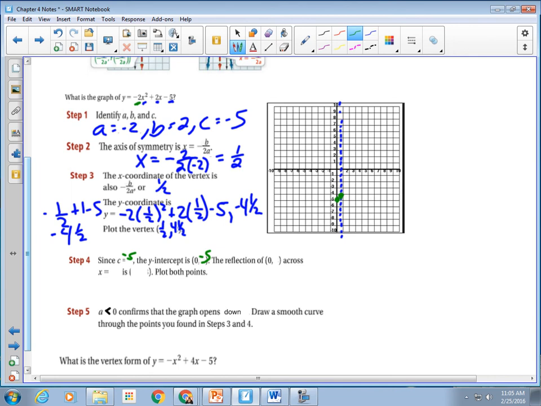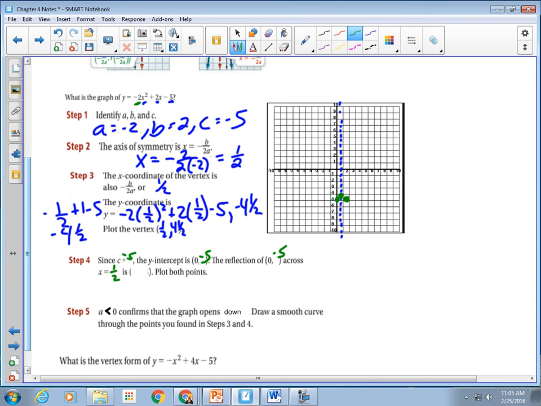The reflection of 0, negative 5 across the x equals 1/2 axis of symmetry is this point right here, which is, no, it's at 1.